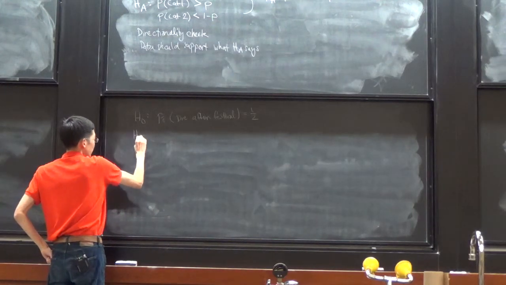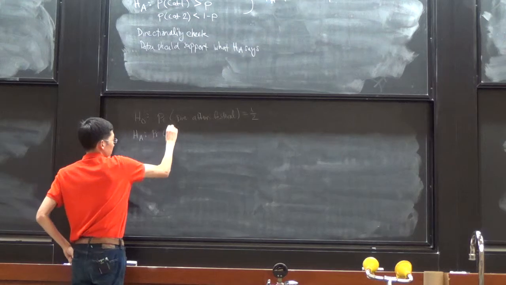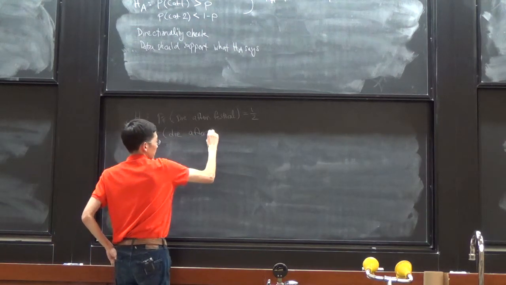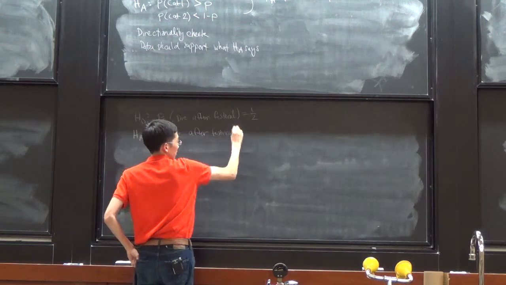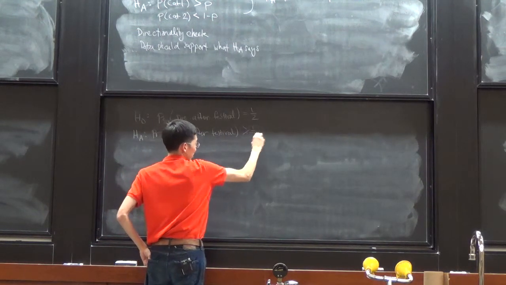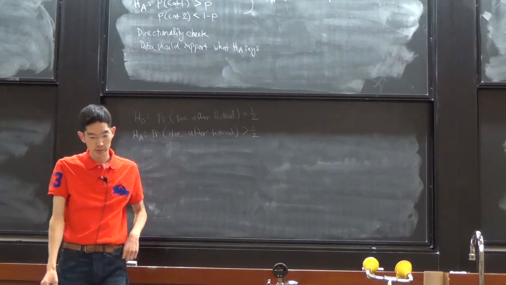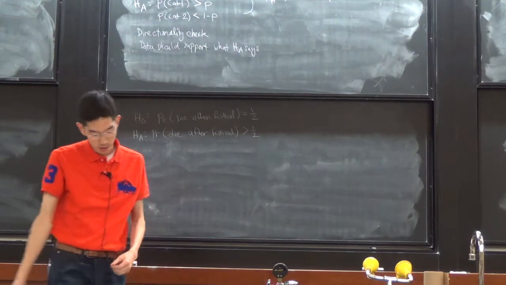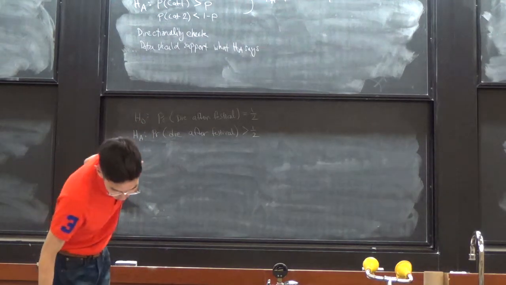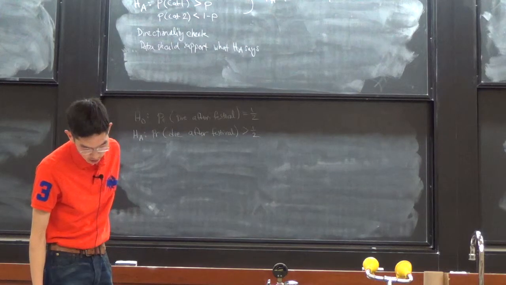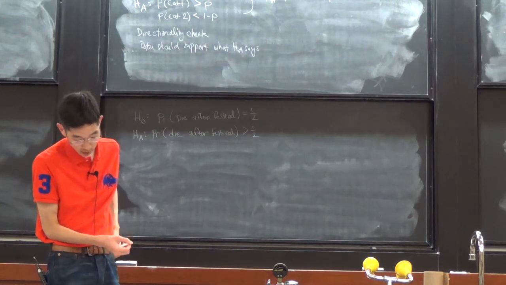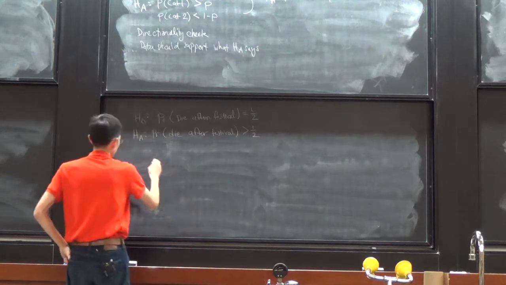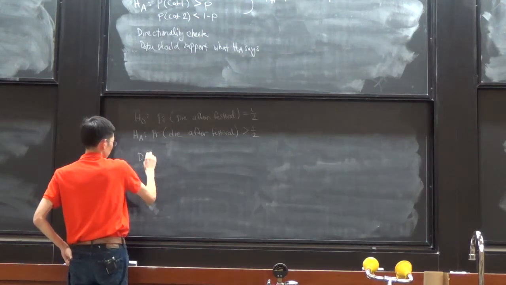And then the alternative is that the probability of dying after the festival is greater than 1/2. They looked at 103 total deaths in the times prior and after. And this is the data that they collected.